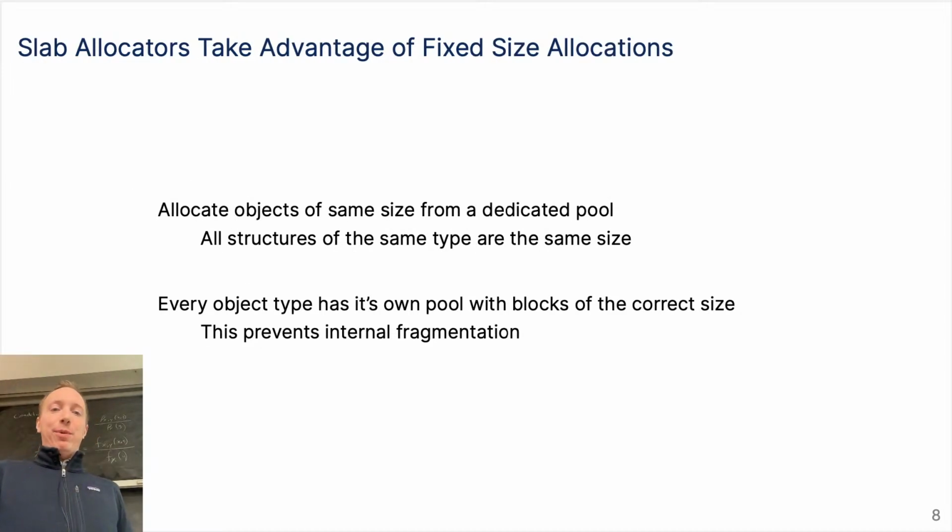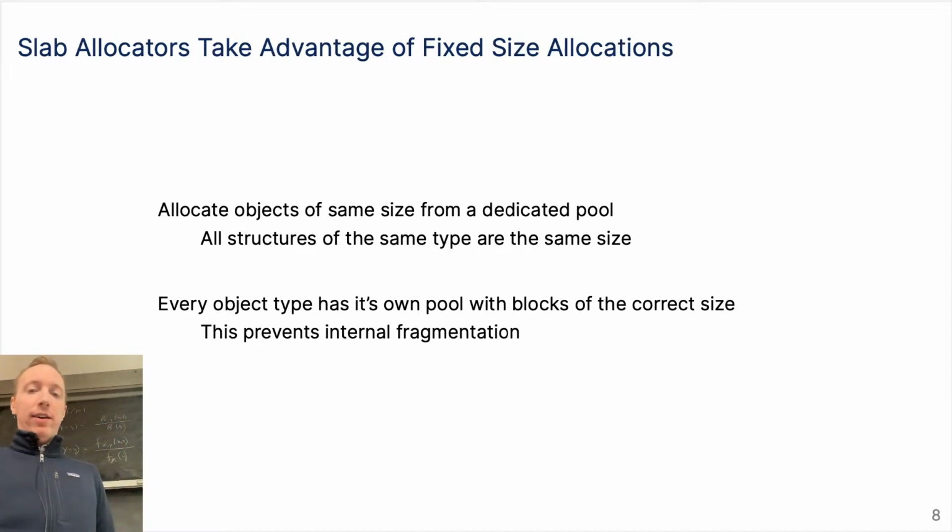Okay, the next one is slab allocators, which take advantage of knowing that you allocate a lot of things that are all the same size. If everything's the same size, you can just have one big pool, and in that case you definitely don't have any external fragmentation, because you just keep track of the number of slots you have and which slots are free. If you free something, you can just refill that slot.